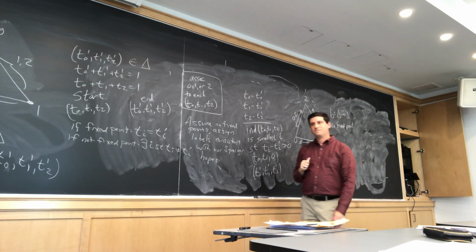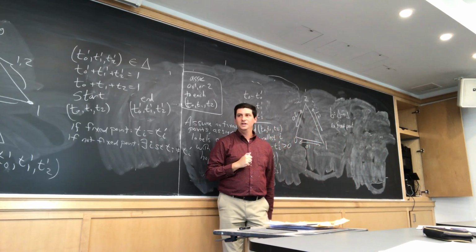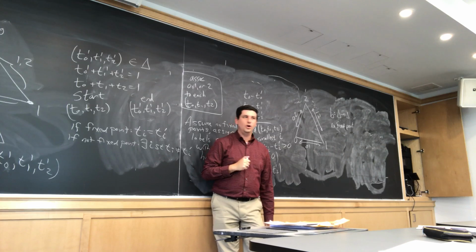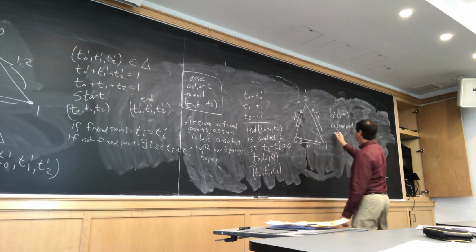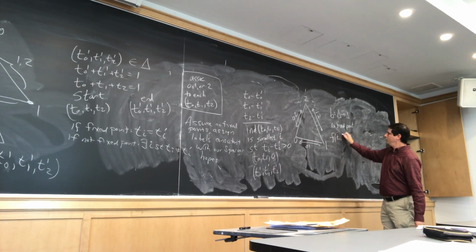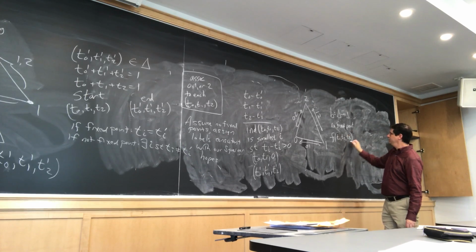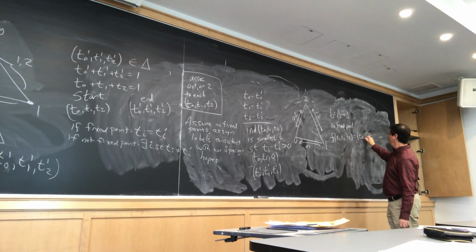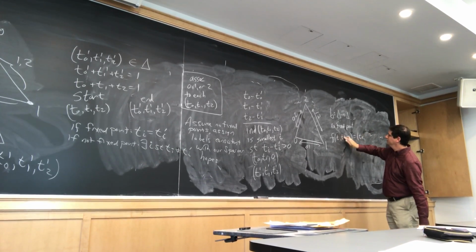You rotate it 120 degrees and then take the point in the center and one of the corners and exchange them. Okay, so we send f of t1, t2, t3 to just say t2. Oh, sorry.